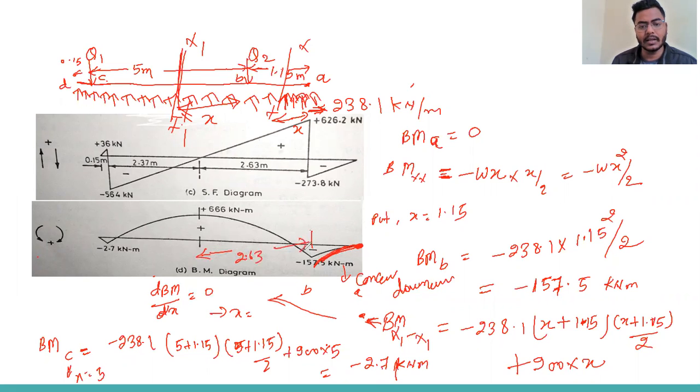By calculating the shear force diagram also, you can get where the shear force will be 0, by putting the shear force equal to 0. So we'll get the value, which is again 2.63. This you already studied in the structures subjects.